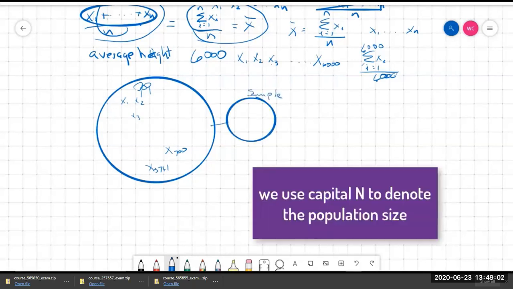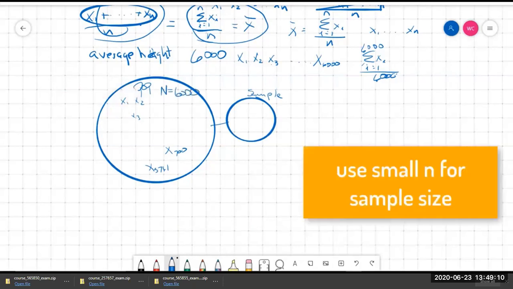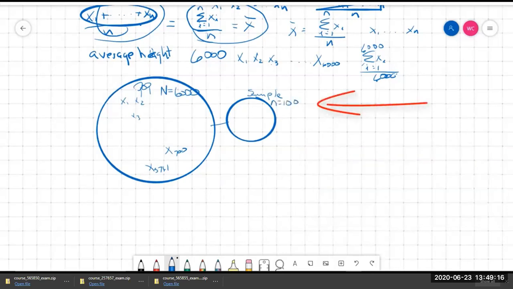So for the population, let's say we use the capital N to denote the size of the population. And let's say the sample, we use a small n for that, is 100. So suppose we have a sample of 100. Now it's easier to measure all 100 people's heights instead of 6,000 people's heights.